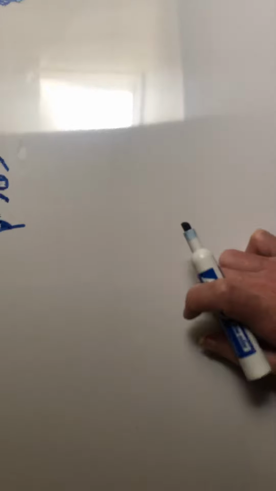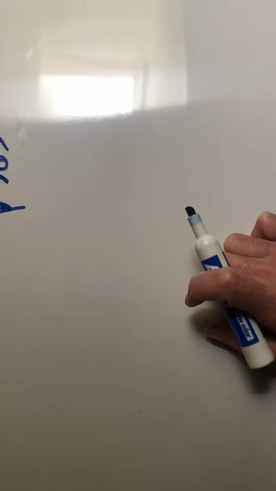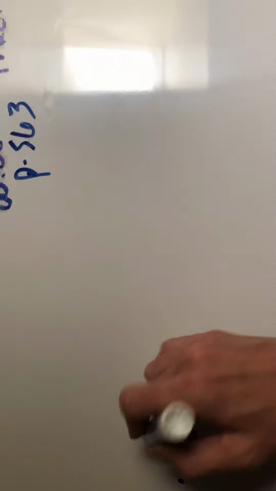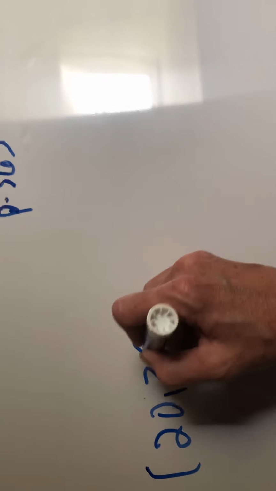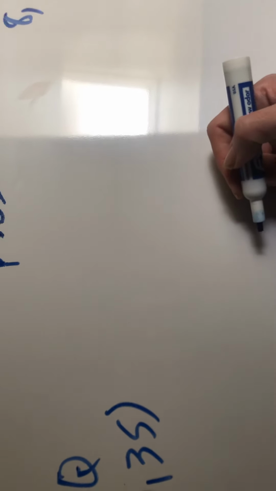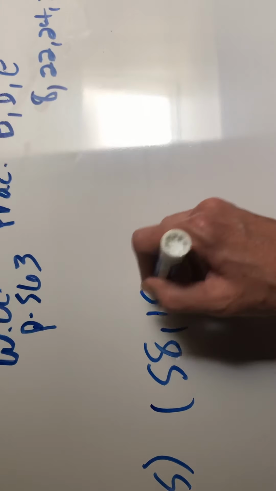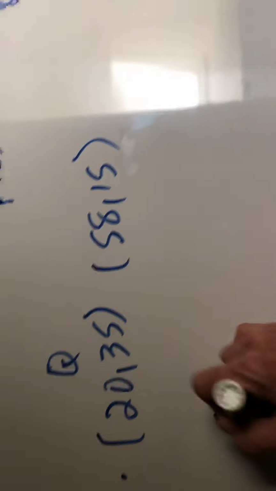So on E, it says use a coordinate plane. You don't have to use a coordinate plane. A quarterback is on the 20-yard line at 20, 35, so that's where the quarterback is. And he throws a pass to his receiver who is on the opponent's 58-yard line, which is at 58. Okay, so you're just going to use these 2 points right here in the distance formula.